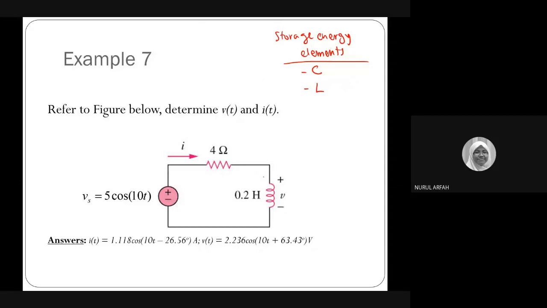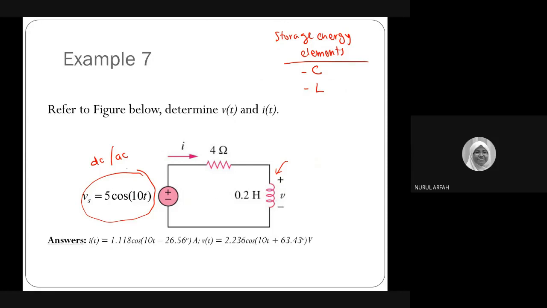If you look at any circuit with an energy storage element, you need to look straight away at the voltage or current source. Look at the power supply. Is it DC or AC? If it is DC, then straight away you know that the inductor becomes a short circuit and the capacitor becomes an open circuit.